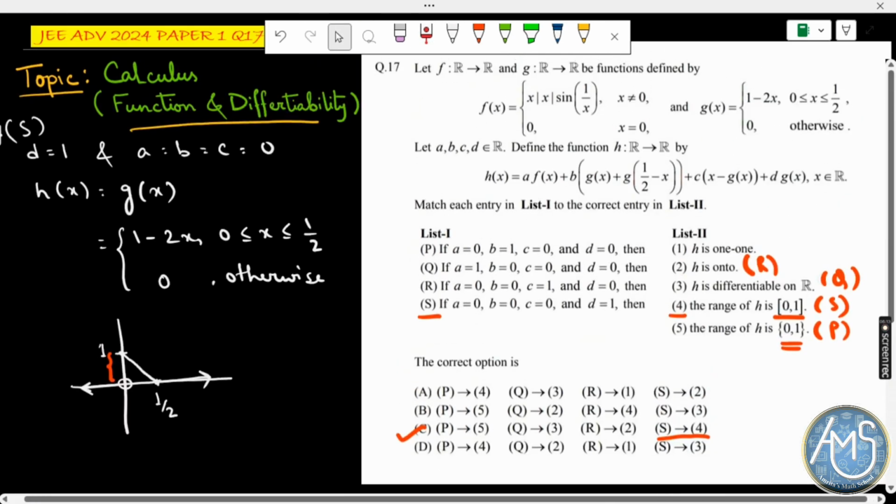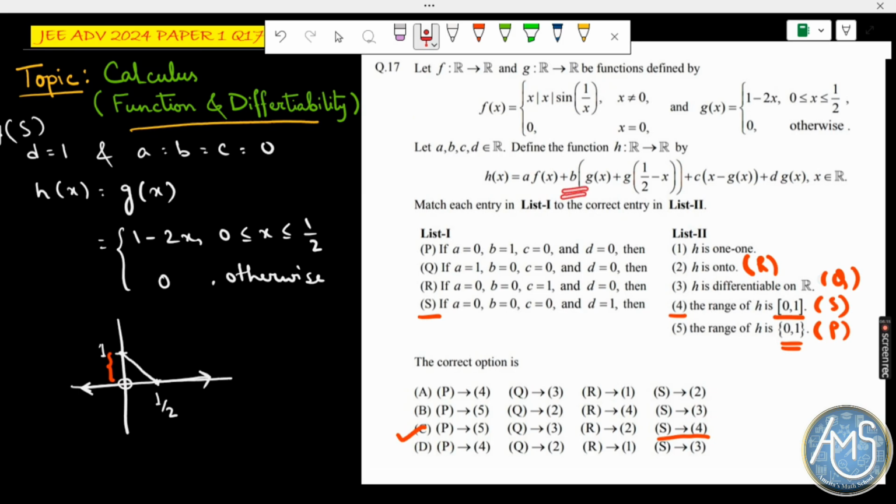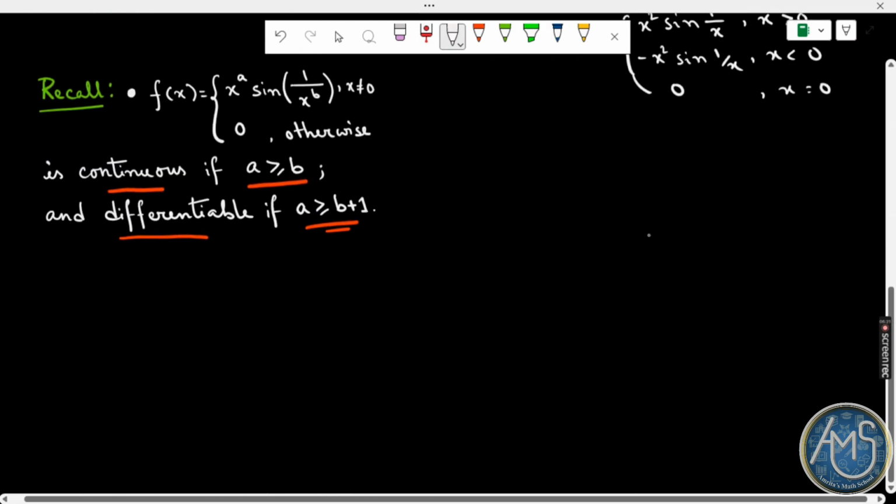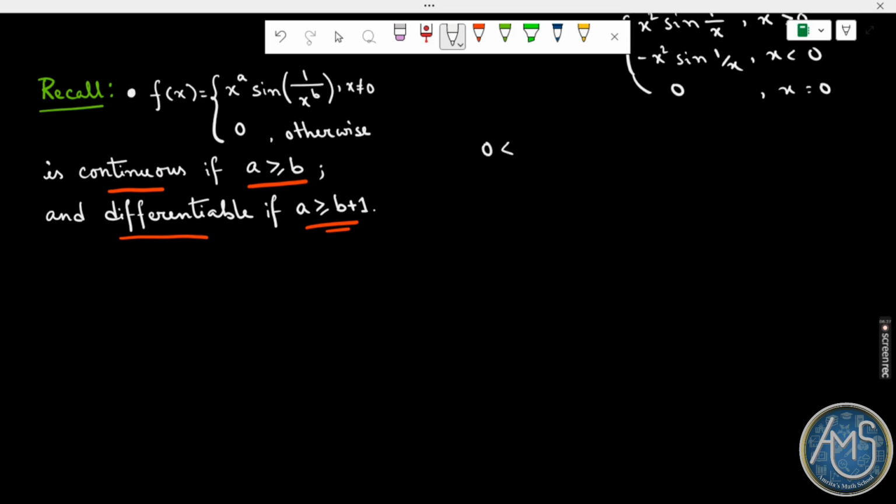And if you want to know about if b is only 1, then g(x) plus g(1/2 minus x). So if 0 is less than or equal to x less than or equal to half, then half minus x also lies between 0 and half.